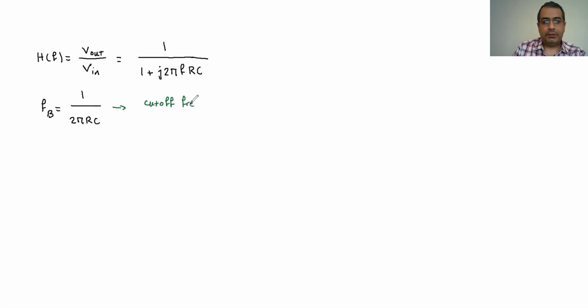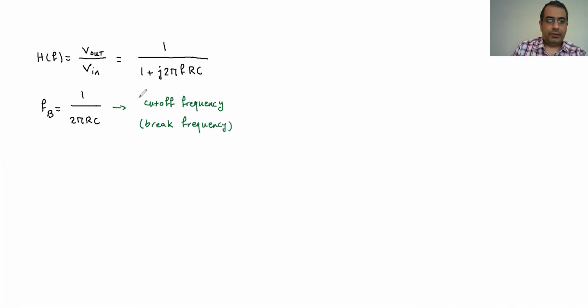So that's the frequency where you want all the frequencies before that to pass through and all the frequencies after that to be cut off. Or you might also call it the break frequency as well.